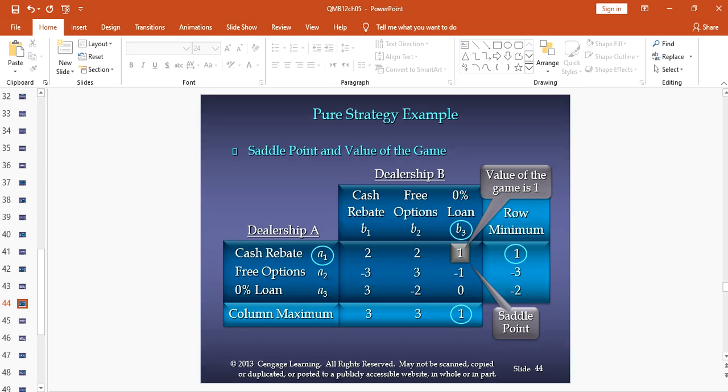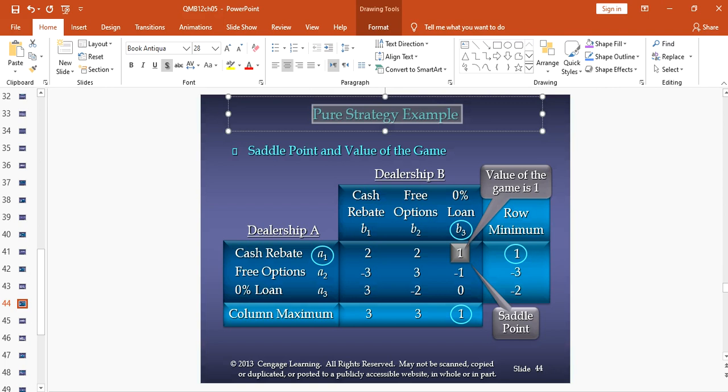Okay, so if the minimum of the column maximum equals to the maximum of the minimums, which is it in this case, so we should apply pure strategy. Okay, pure strategy, that's what pure strategy is.